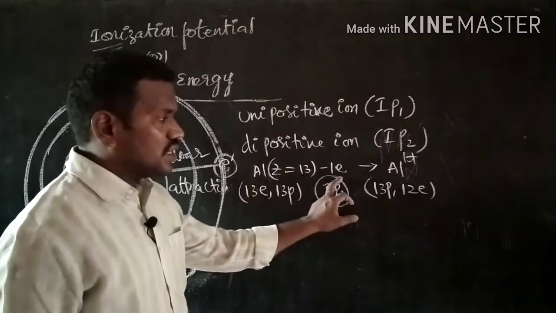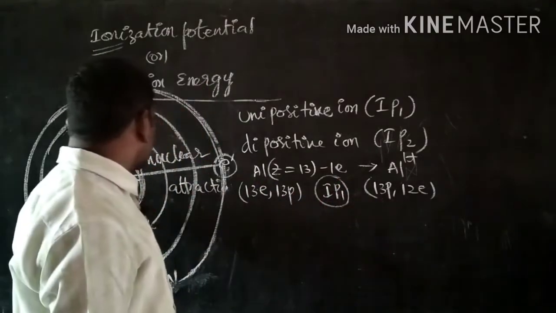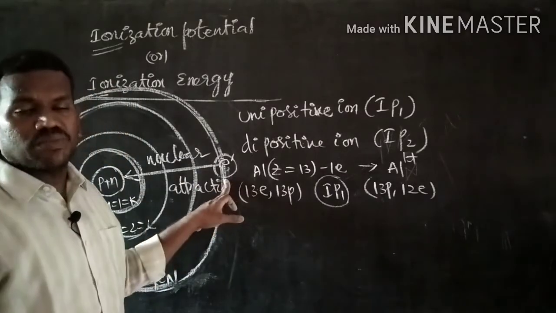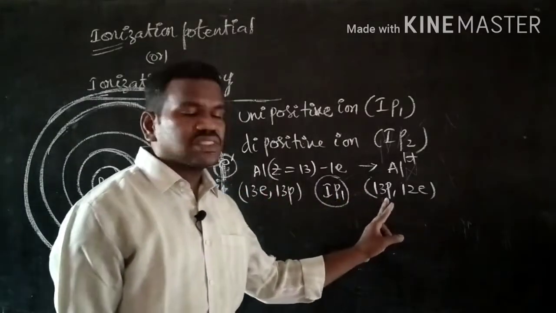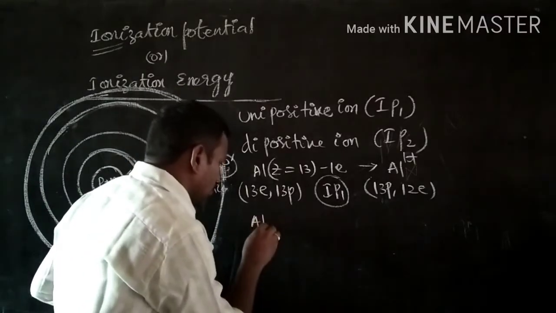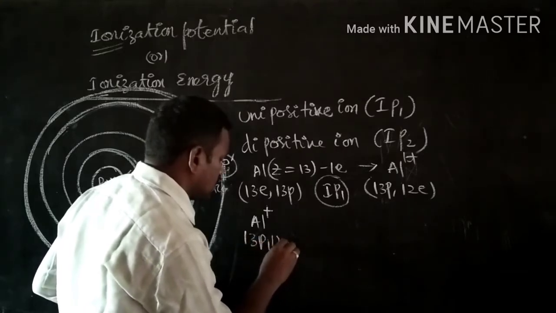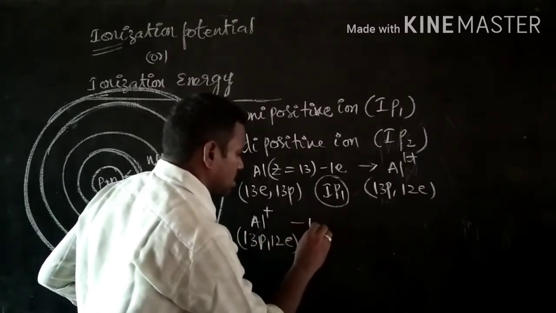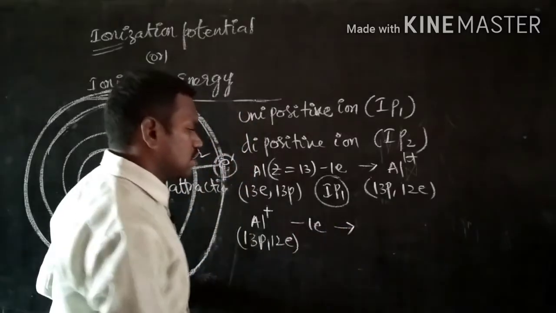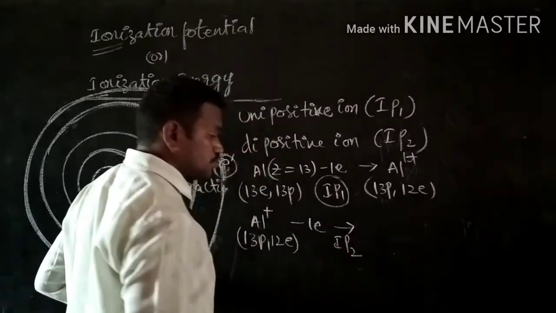As it lost one electron, the attraction of the nucleus on the valency electrons becomes more because positive charges are more. Al1+ with 13 protons and 12 electrons is ready to lose one more electron. For that purpose we should supply some amount of energy, that is called IP2.